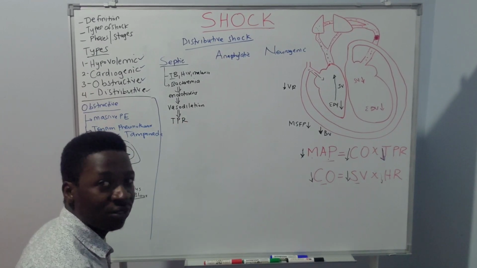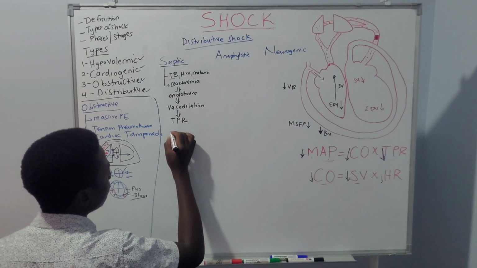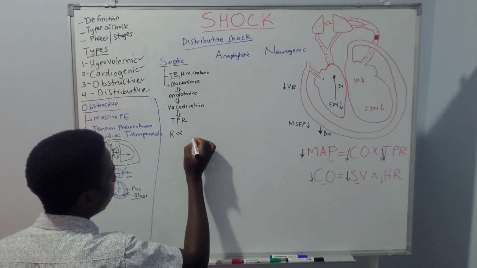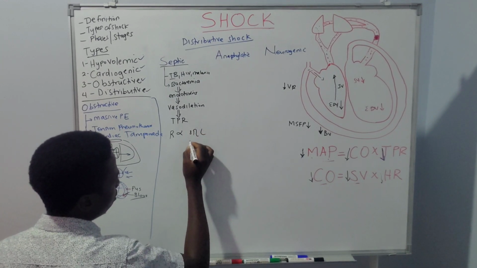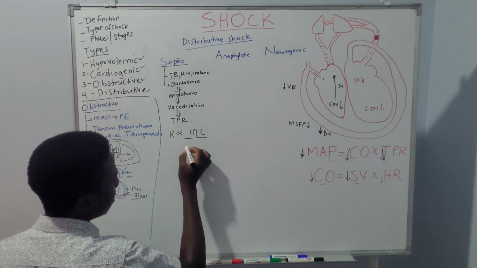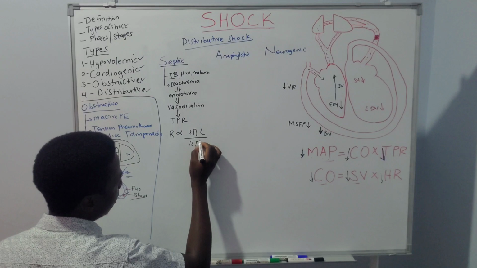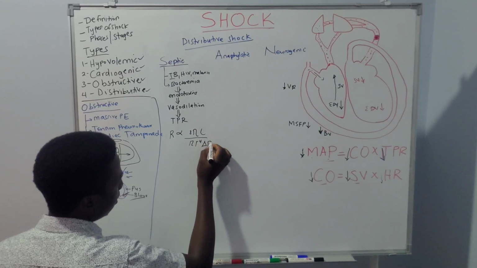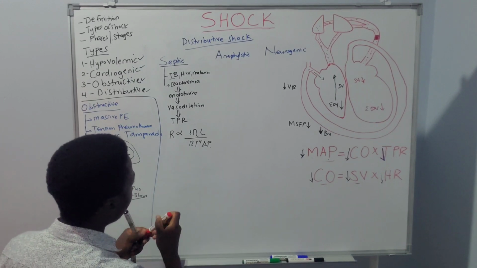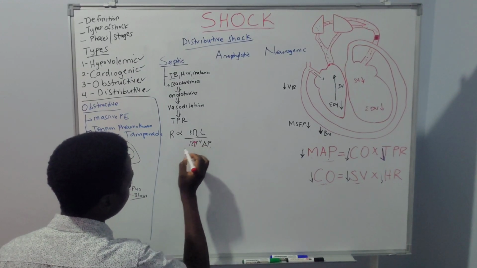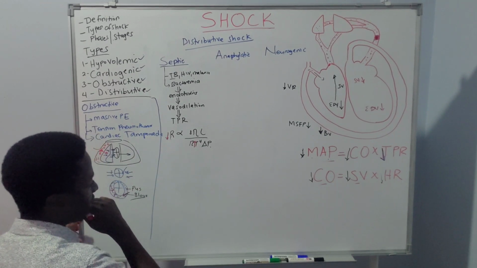If I'm to remind you briefly about our hemodynamics, we said resistance is directly proportional to the viscosity and the length of the vessel, and inversely proportional to the radius to the power 4 and also the pressure gradient. Okay, so what does this mean? If I increase the radius, my resistance will go low, because resistance is inversely proportional to the radius. You get the point?